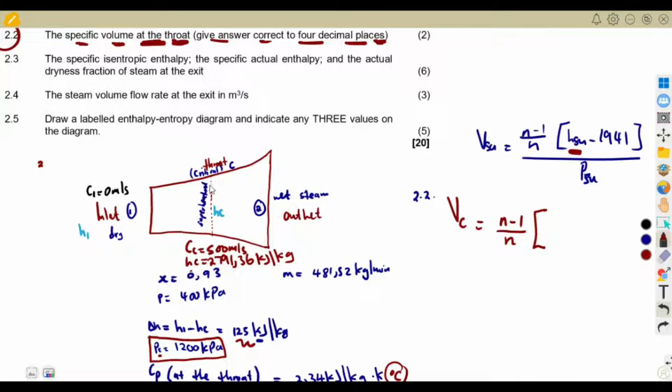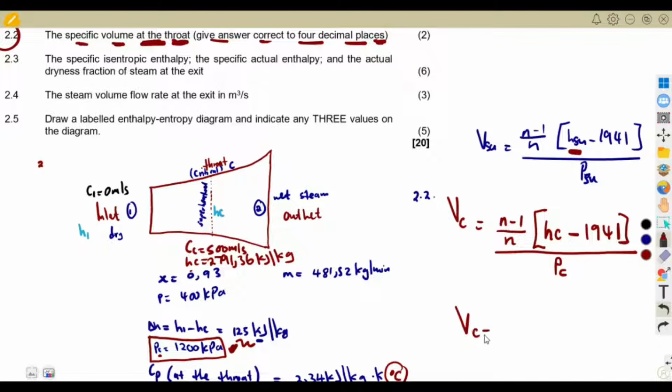That was hc here at the throat. This h sup is the same h sup that we calculated before, which is our hc. What about this p sup? What is it representing? That is the pressure that we have when our steam is being superheated, which is the pressure at the throat, which is our pc.